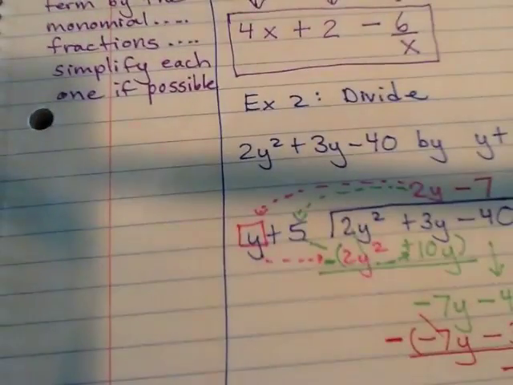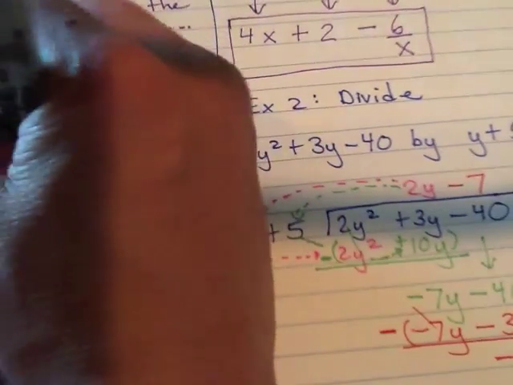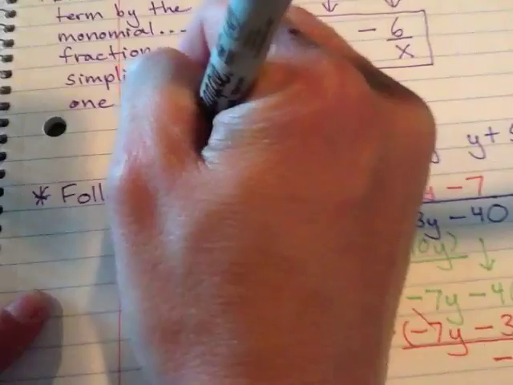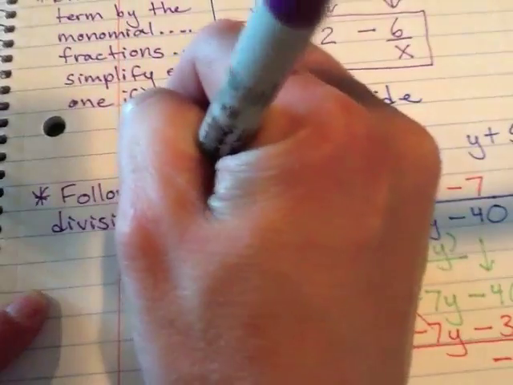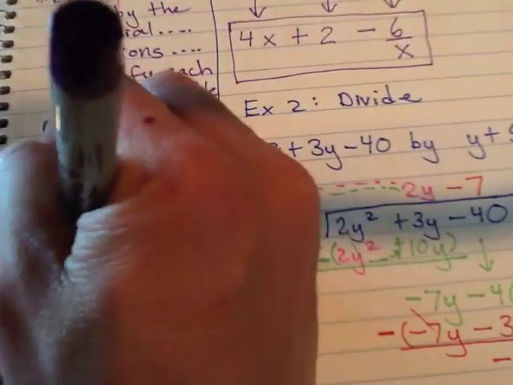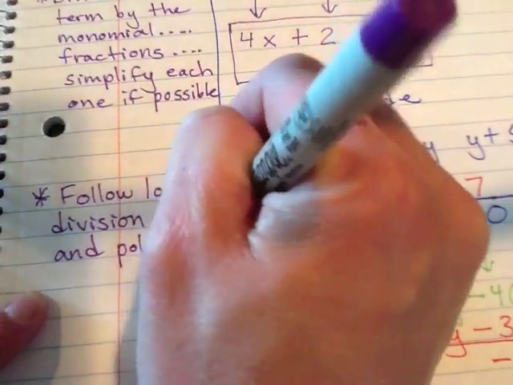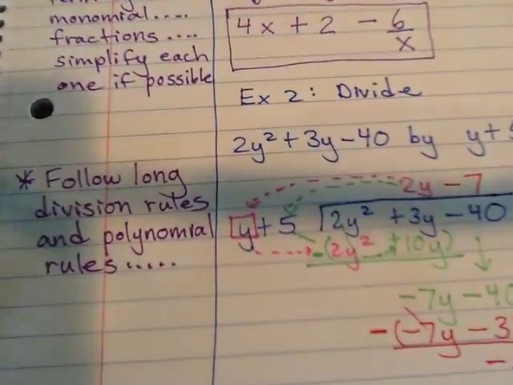So the best thing I can tell you to do, and you might just have to watch this a few times, is follow long division rules and polynomial rules. What I mean by polynomial rules is something like when you're multiplying binomials, you multiply to both.